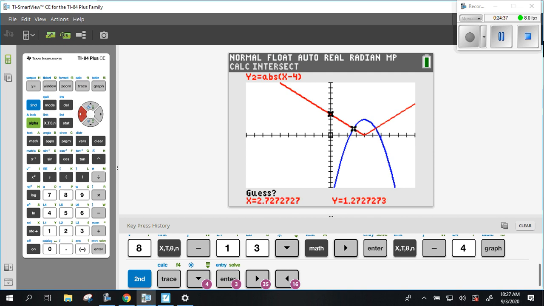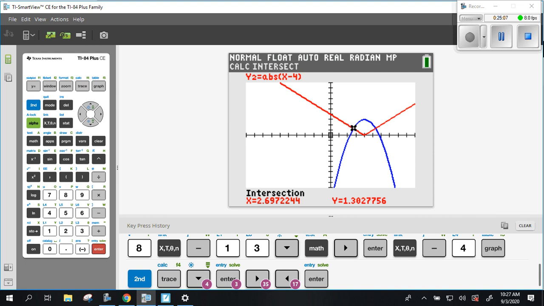It tells me that this intersection is happening at approximately x equals 2.697, and the y coordinate is approximately 1.303. What we're really interested in though is that x coordinate. We'll get into that a little bit. Let's go ahead and get the other intersection.